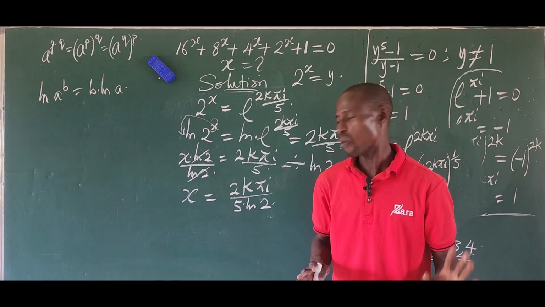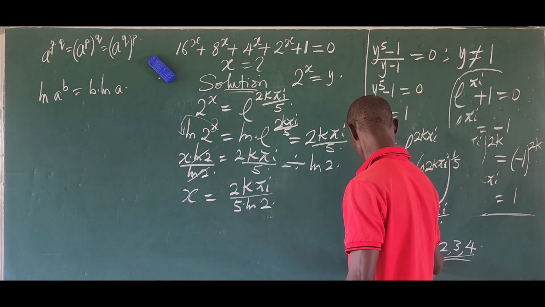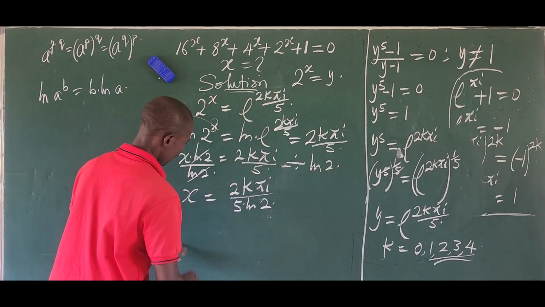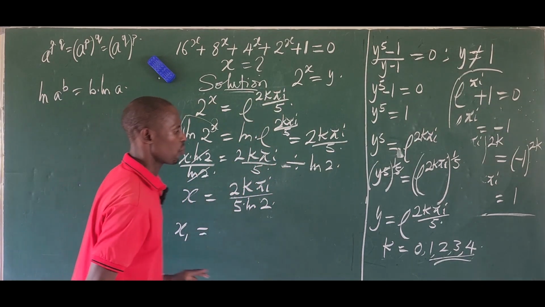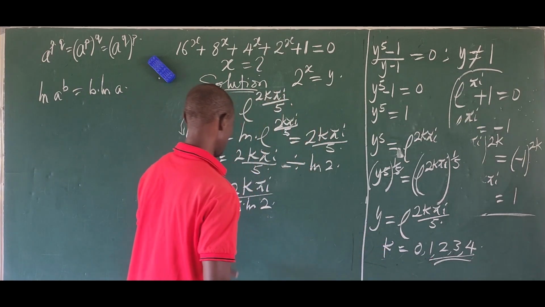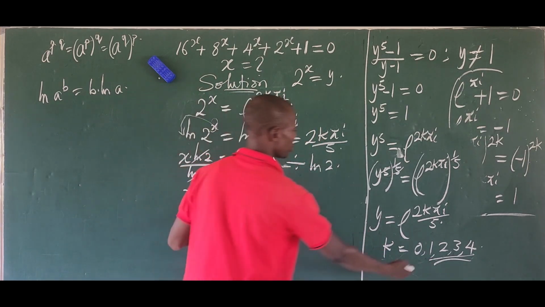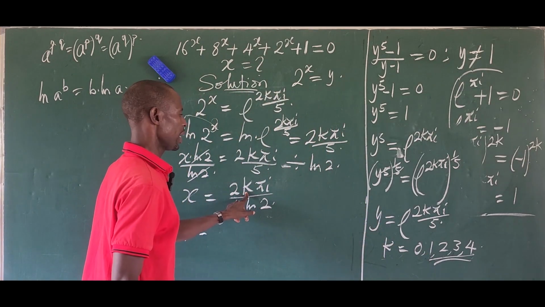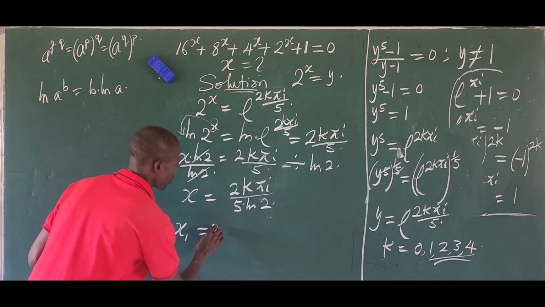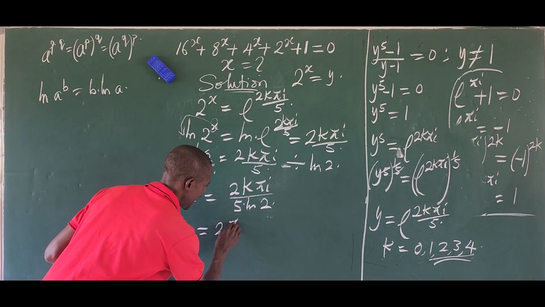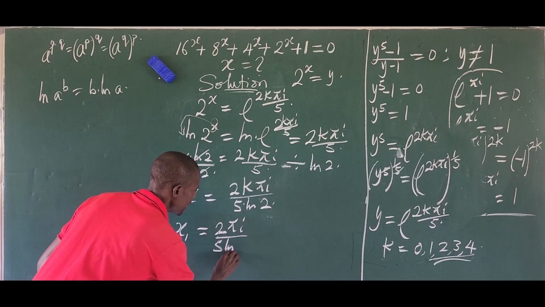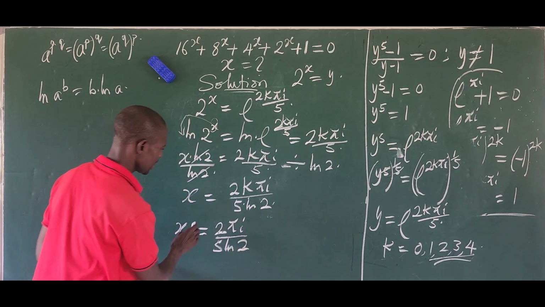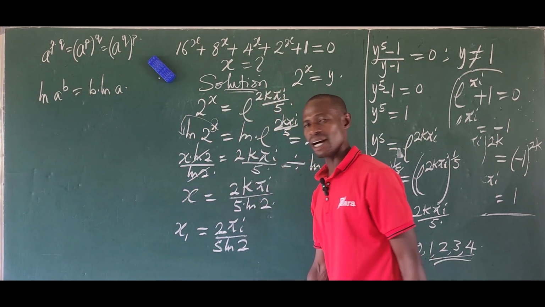Knowing that x1 is already out of the system, we substitute for k. When k is 1, our x1 is going to give us 2πi all over 5 ln of 2. This is our first value for our x.